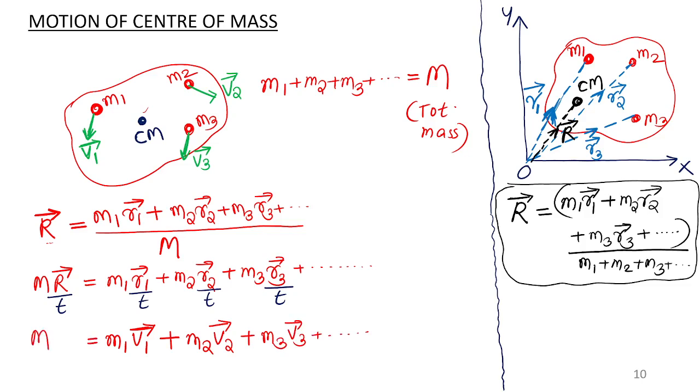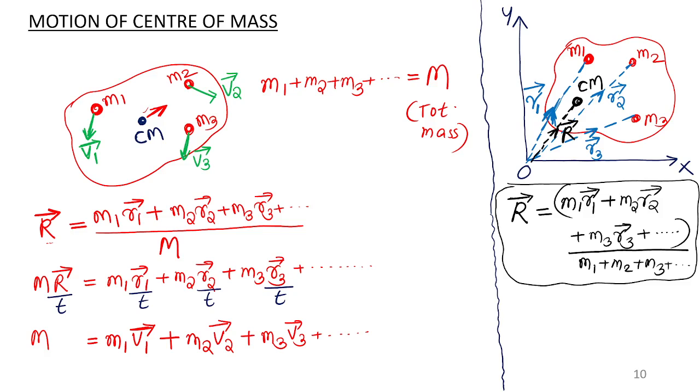On the left, capital letter M into R by t. The center of mass has the position or displacement capital letter R. So if the bodies are moving in different directions, is the center of mass moving? Yes, the center of mass will be moving in some direction, and the finger should be adjusted appropriately.